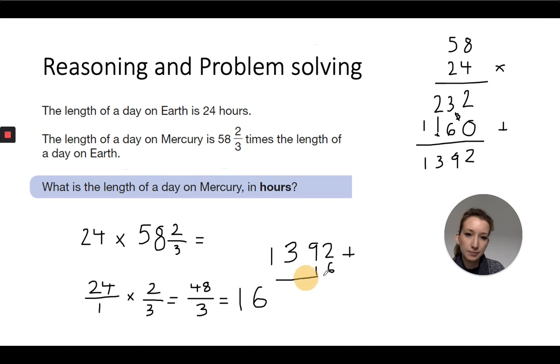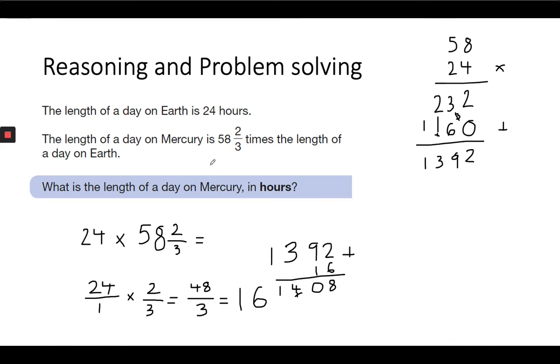Okay. You've got 1,408. Now I can cross out what I've exchanged. And then I've got the 1 there. Okay.